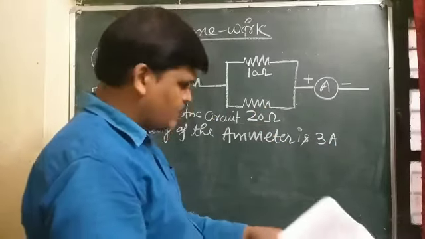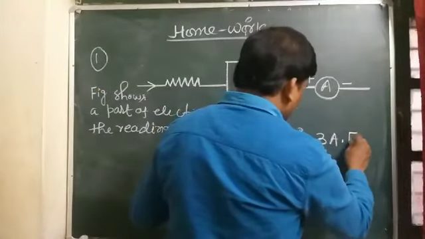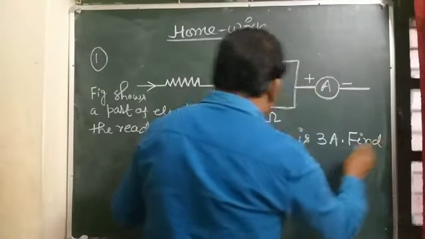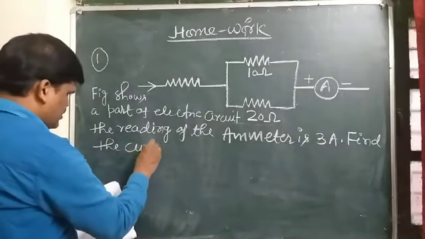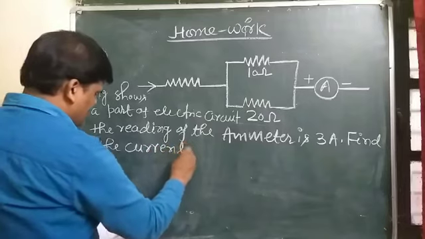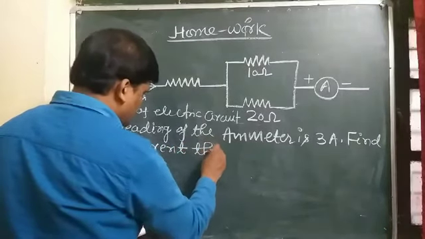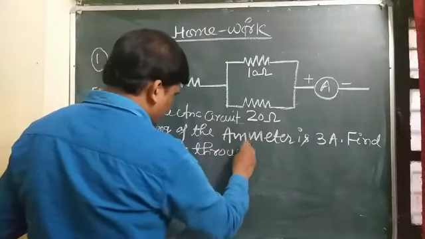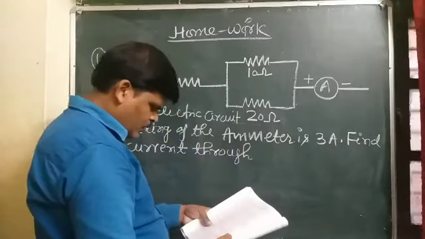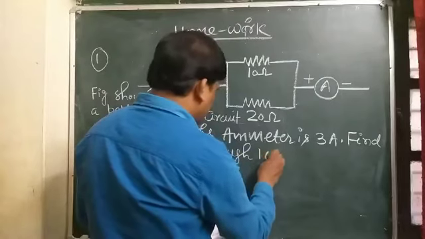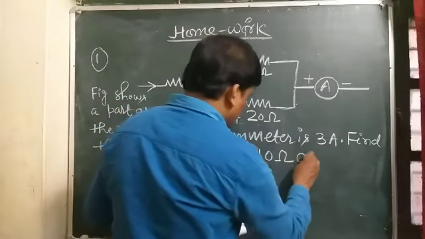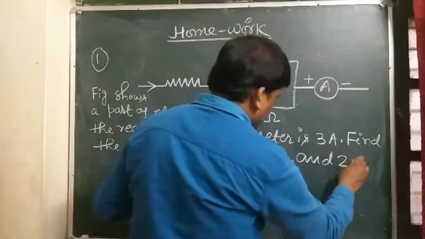Find the current through the 10 ohm and 20 ohm resistors.